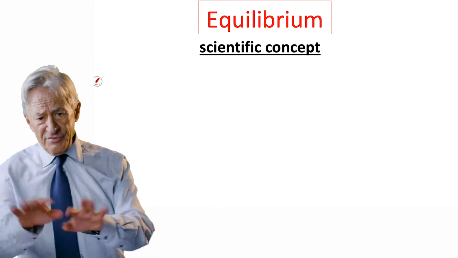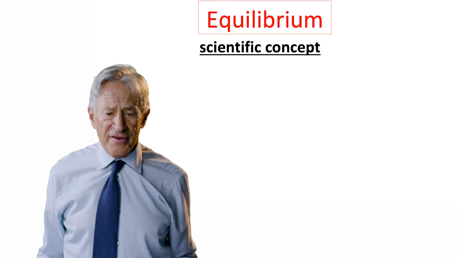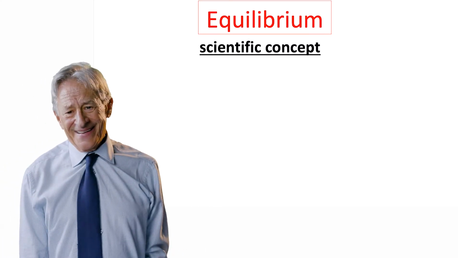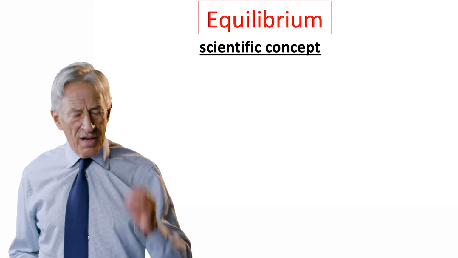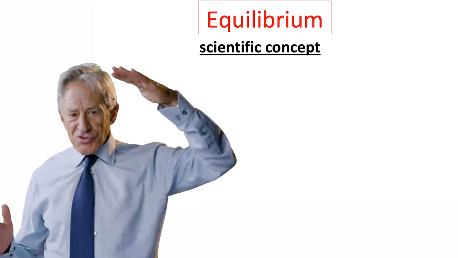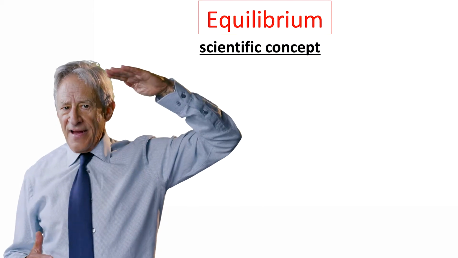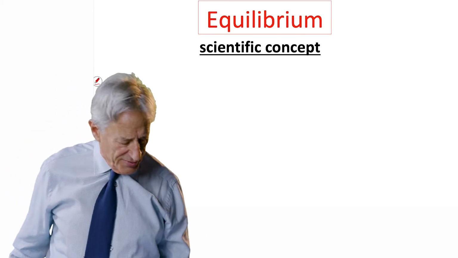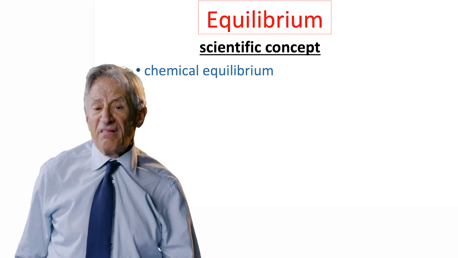So actually, as you take various classes and you learn various scientific topics, the concept of equilibrium comes up again and again and again as a sort of master concept that dominates the dynamics of the subject.